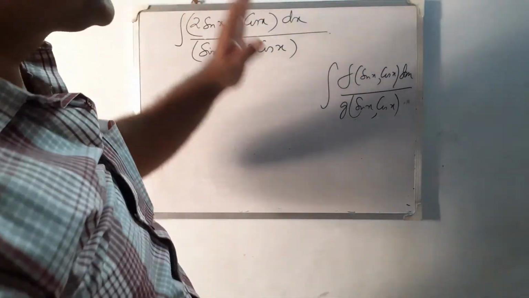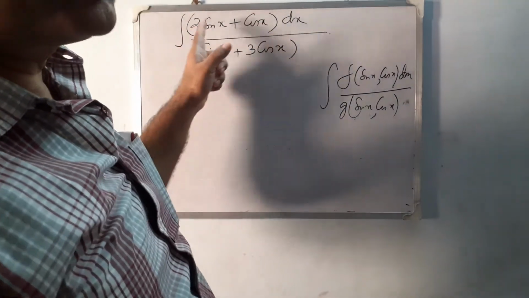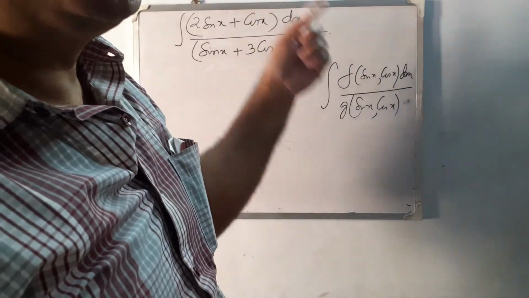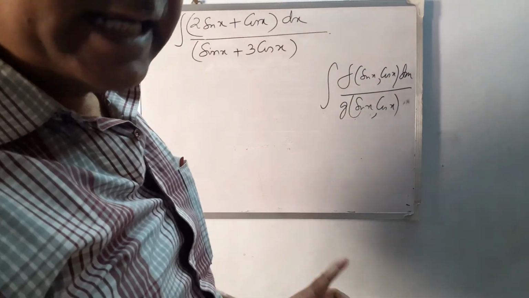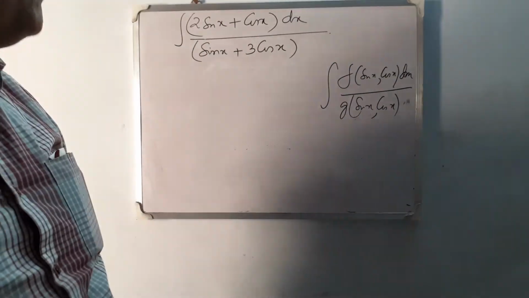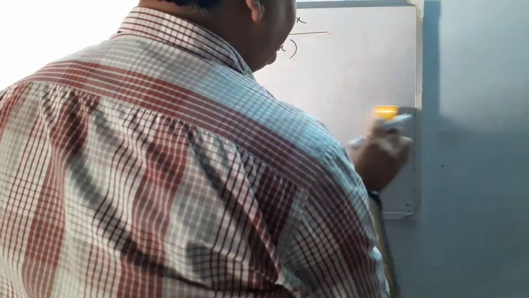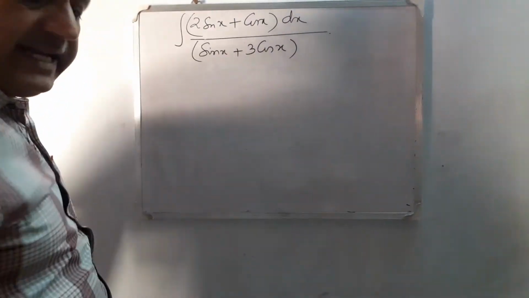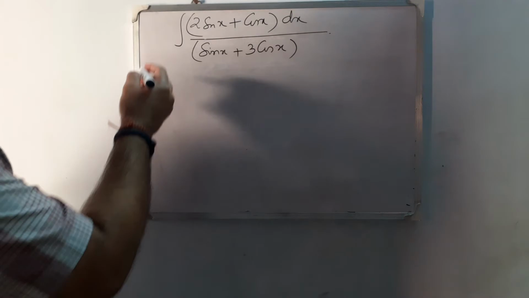But as soon as we are getting sine or cos or both in numerator as well as in denominator, you have to operate this type of integral by a technique, a method. What is that technique?